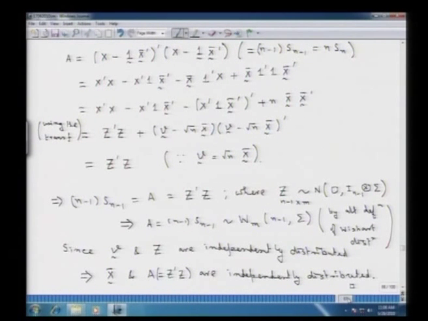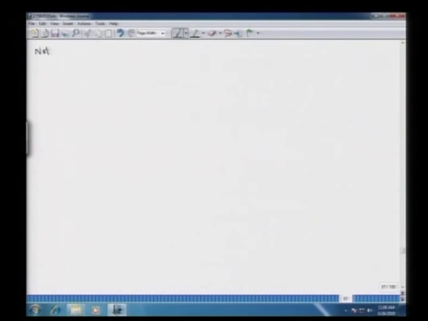Now, let us put a note: we are not going to derive the density function of a Wishart distribution, how it actually looks, because we have not used this particular PDF. But for the sake of completion, we will just write the PDF of a Wishart distribution.